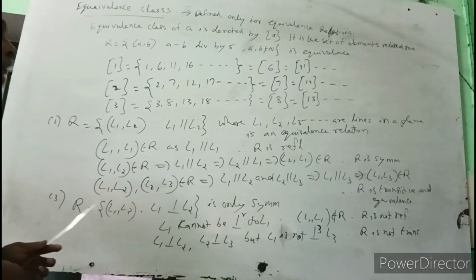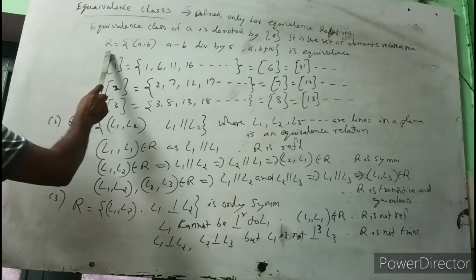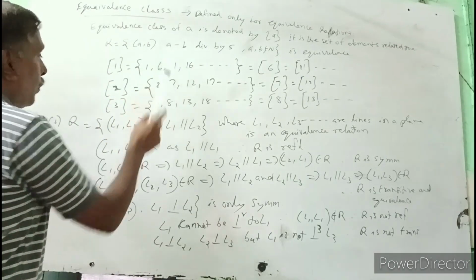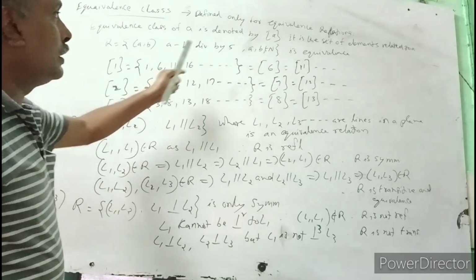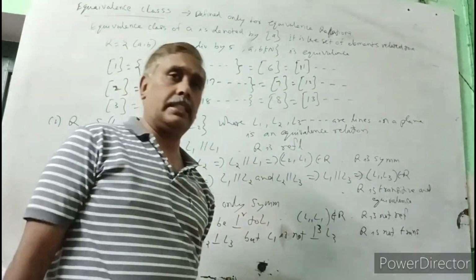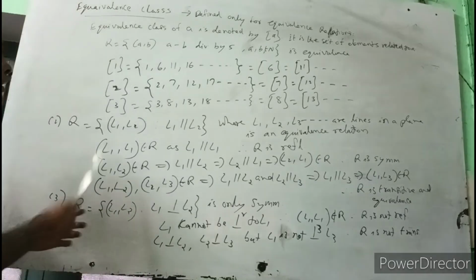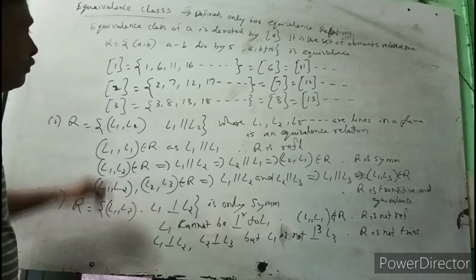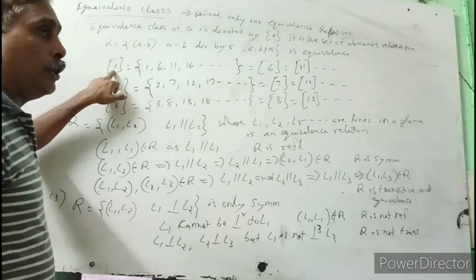Example. Just now we proved R is equal to the set of ordered pairs (a, b) such that a minus b is divisible by 5, where a, b belong to N, is an equivalence relation. Then the equivalence class of 1 means what are the elements related to 1?